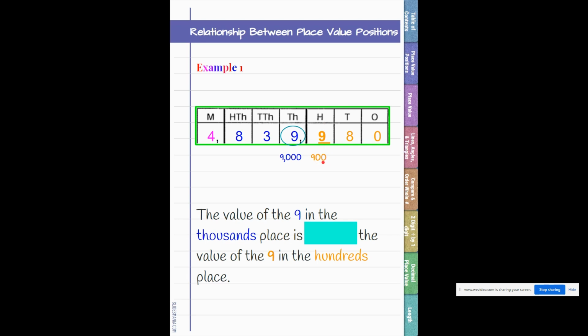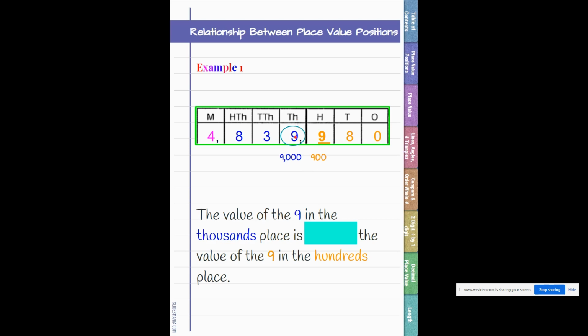Now we want to know the relationship between the thousands and the hundreds. I placed a circle over the 9 in the thousands place. The value is 9,000. And then I underlined the 9 in the hundreds place, and its value is 900.